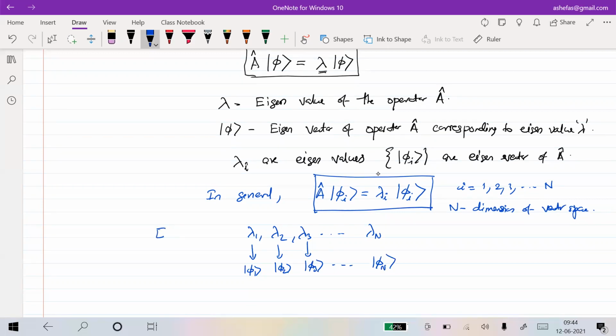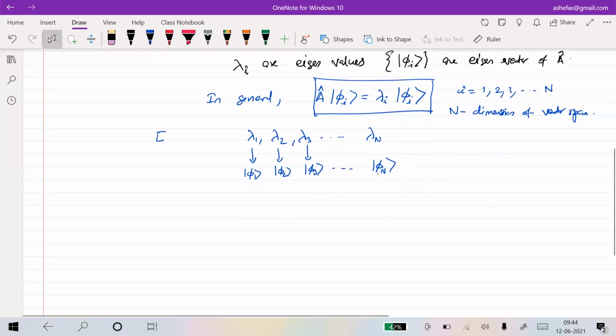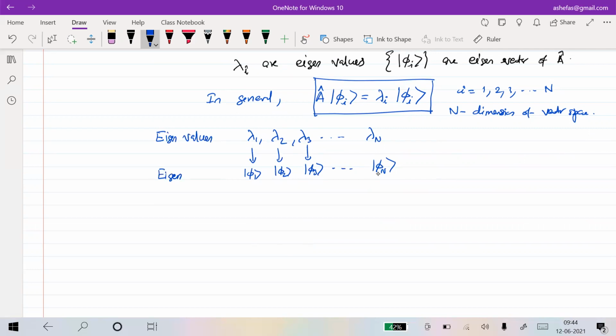So these are the eigenvalues, and these are the eigenvectors. Now sometimes it may happen that certain eigenvalues are the same. For example, suppose lambda 1 equals lambda 2.